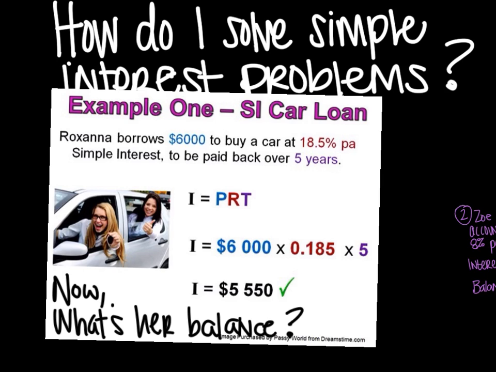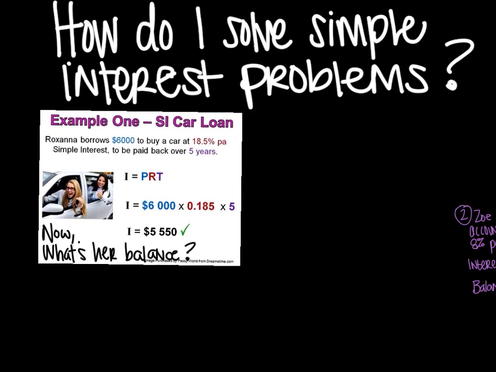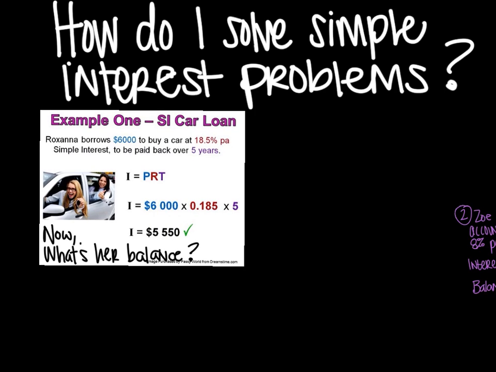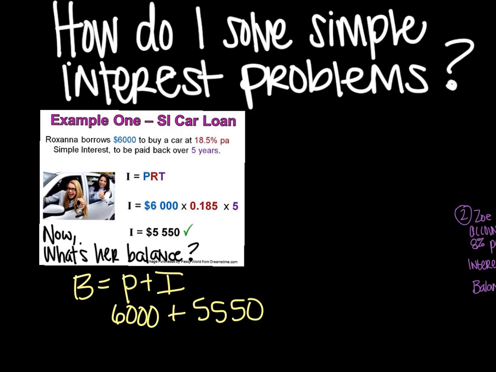Now that's your interest. What's her balance then is the second question, which is using the formula B equals P plus I. So what you're going to do is take your principal, which was that $6,000, and I'm not color coding here, plus your interest, which was the $5,550 that you found originally, and that will give you your balance.